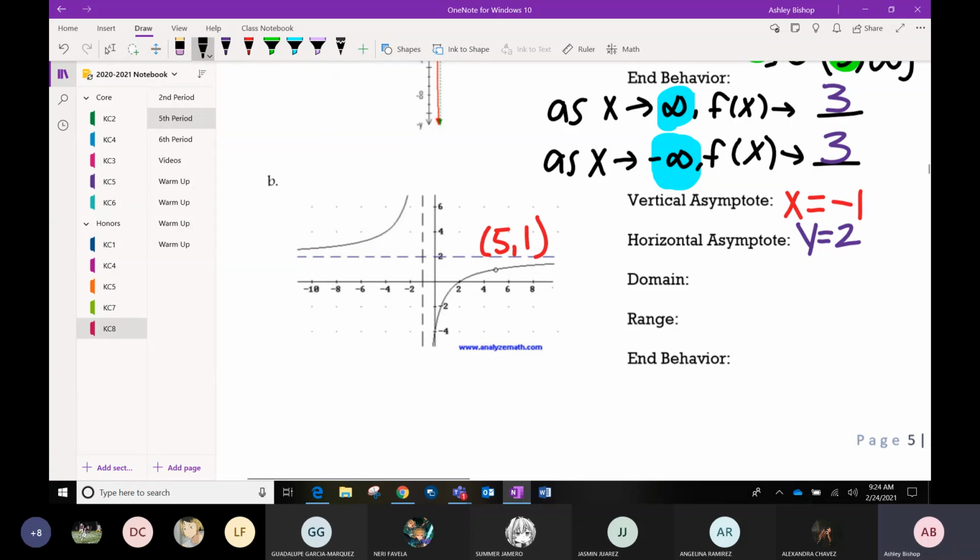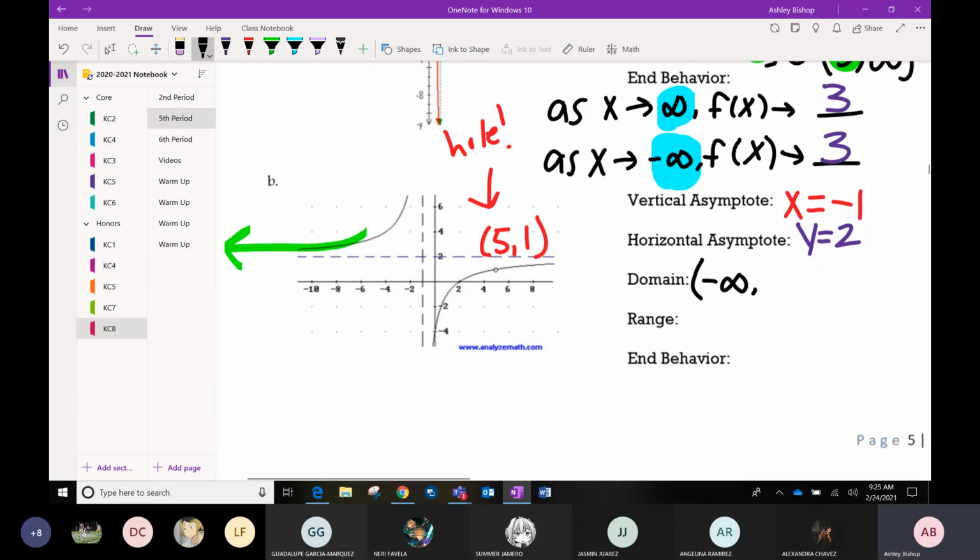Let's do my domain. Well, first, I'm going to label this as a hole. My domain is how far left and how far right this graph goes. You're going to find the leftmost point on this graph. This graph goes forever to the left, so my domain starts at -infinity, comma. Just like last unit, the first number you write is -infinity.